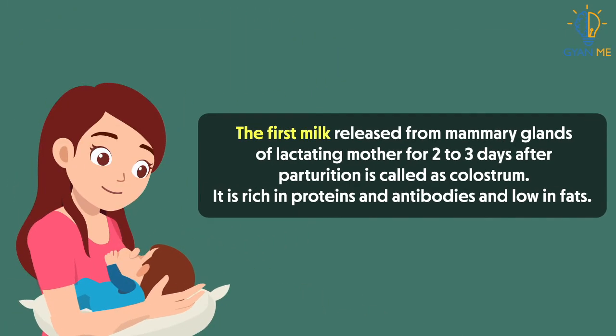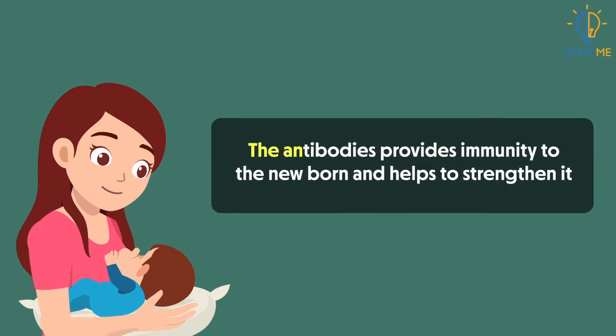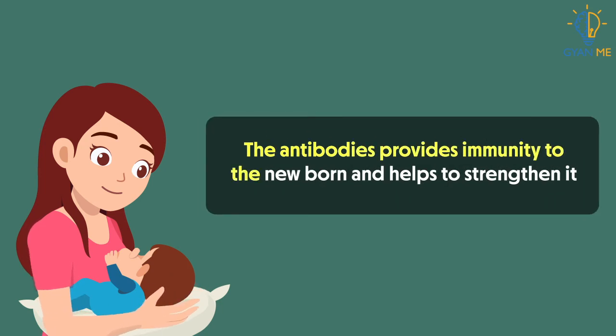The first milk released from the mammary glands of a lactating mother for 2 to 3 days after parturition or childbirth is called colostrum. This milk or colostrum is rich in proteins and antibodies and low in fats. The antibodies provide immunity to the newborn and help to strengthen it.